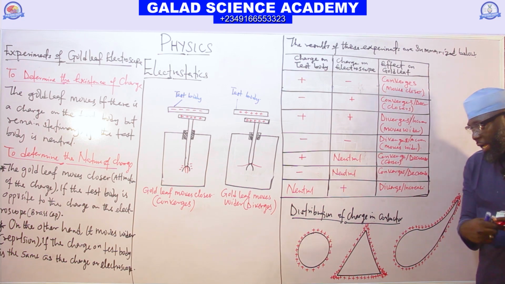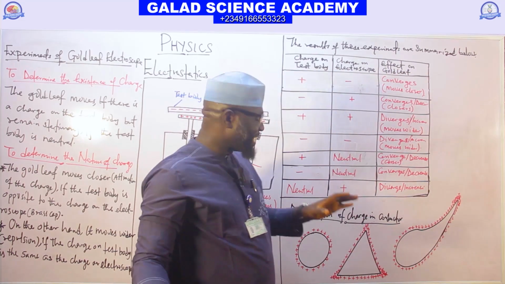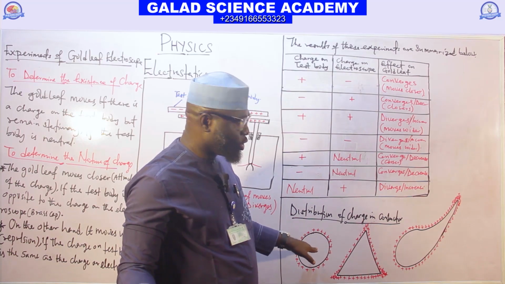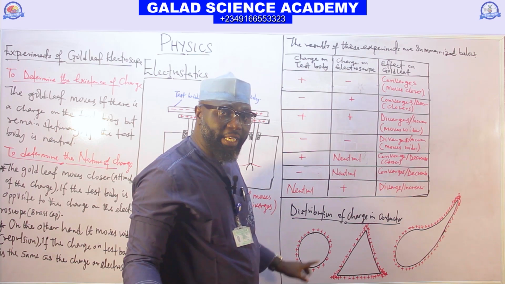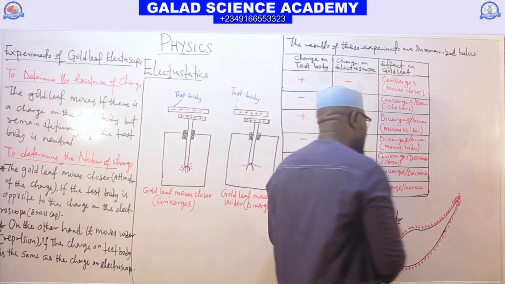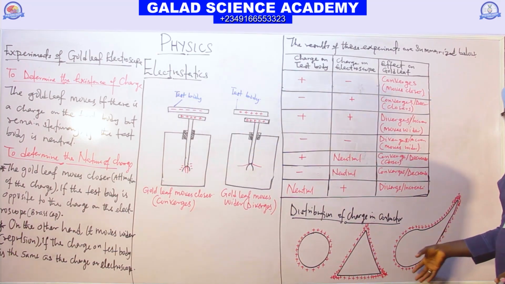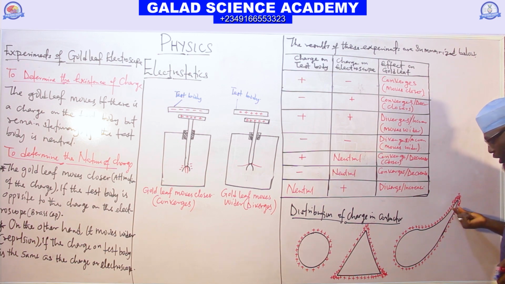So in this distribution of charge, you need to note two things here. The first thing is the charge can never be found inside the conductor. The charge is always distributed uniformly in a regular shape. But on an irregular shape, more charge can be found at a sharp corner due to the low surface area.